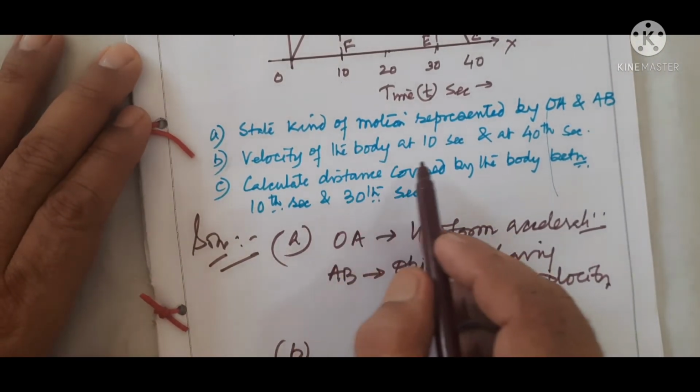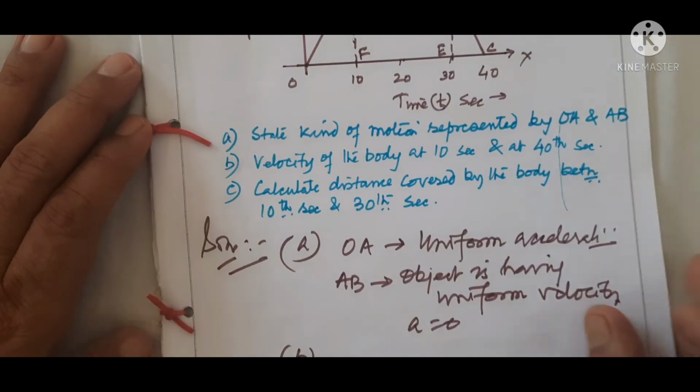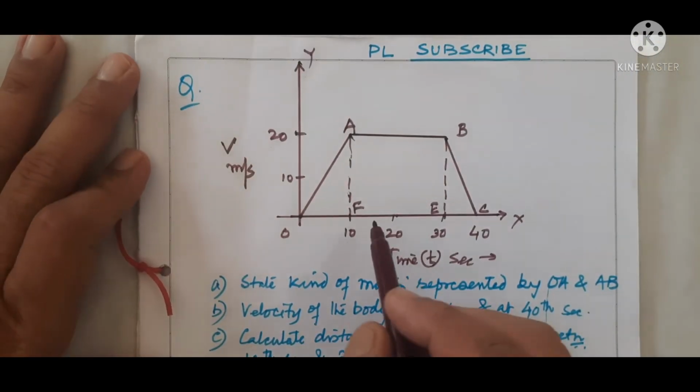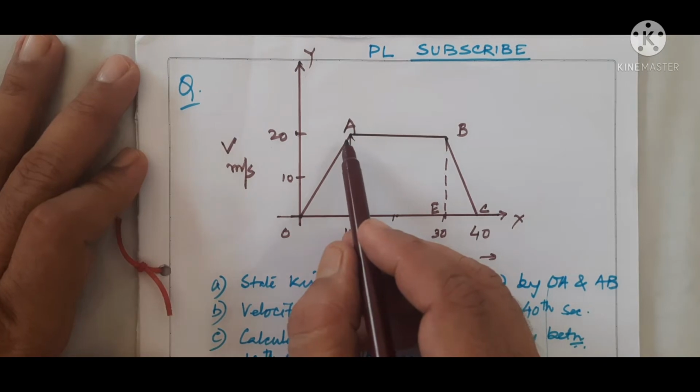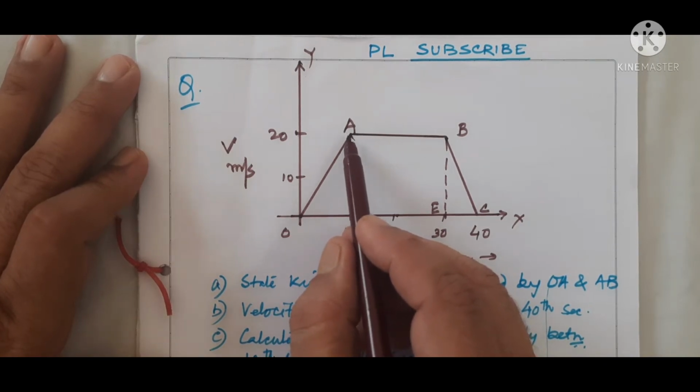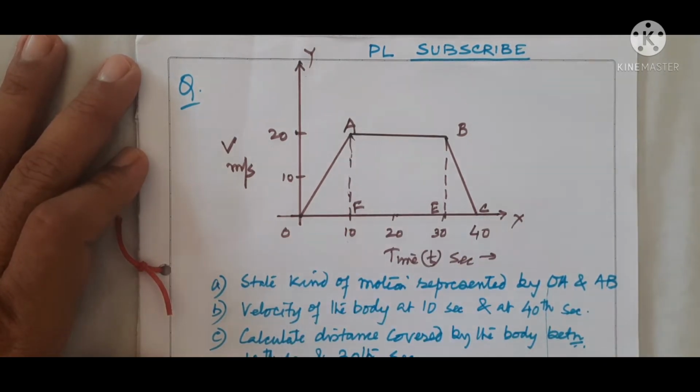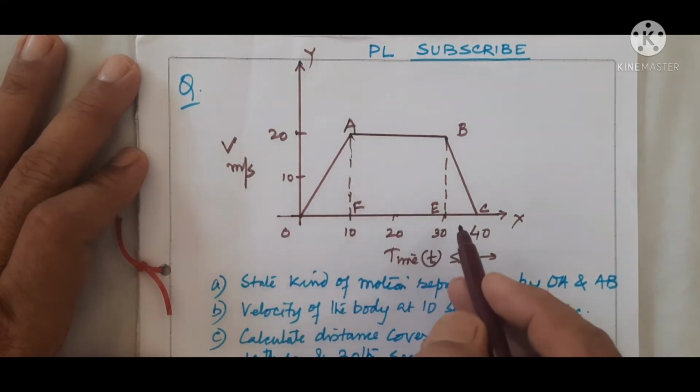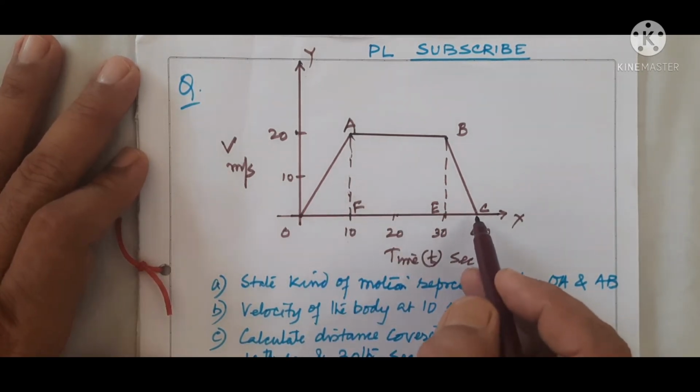The velocity of the body at the 10th second and at the 40th second. Just see, at 10 seconds, where was the object, what was its velocity? 20. So at the 10th second it is 20 meter per second, and at the 40th second it is 0.